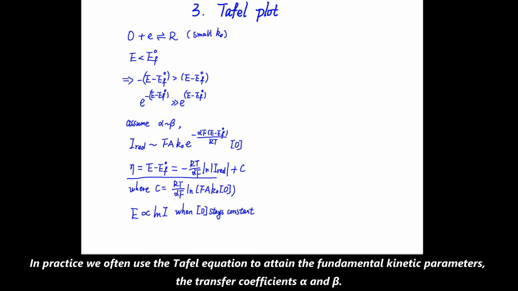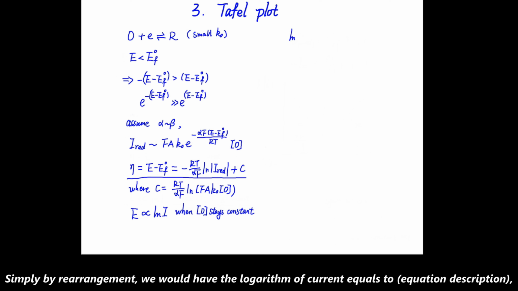In practice, we often use the Tafel equation to attain the fundamental kinetic parameters, the transfer coefficients alpha and beta. Simply by rearrangement, we would have the logarithm of current equal to minus alpha F divided by RT times the electrode potential plus another constant.